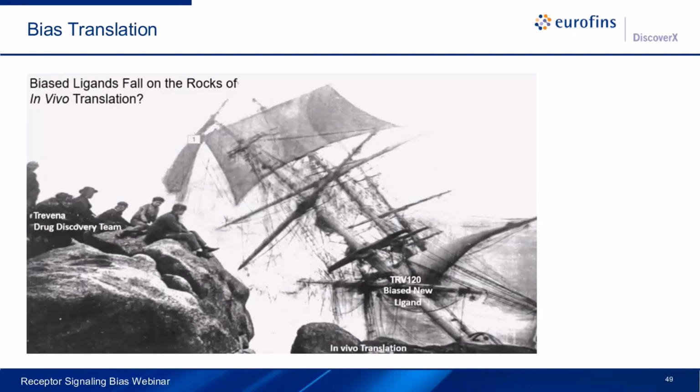And actually, the history of it is there are compounds that have failed in this translation state. For example, Travina 120, which was good in vitro but did not have the properties required therapeutically in vivo.